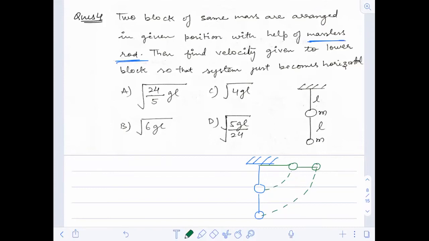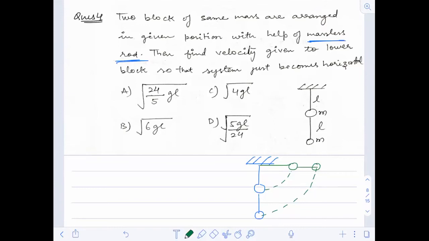Okay. I have one answer B. Anyone else who has got B? Okay. One more answer I have, C. Anyone else? Only two answers I got. Anyone else?